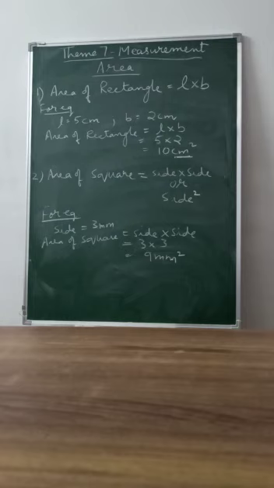It will straight away get your unit cancelled, because that unit belongs to perimeter and not to area. The unit for area is always in the form of square, raised to the power of 2, like we have done in the questions when I explained area of rectangle and area of square. Okay, when we do the questions, you will understand it a little better. I hope this is clear to every one of you.